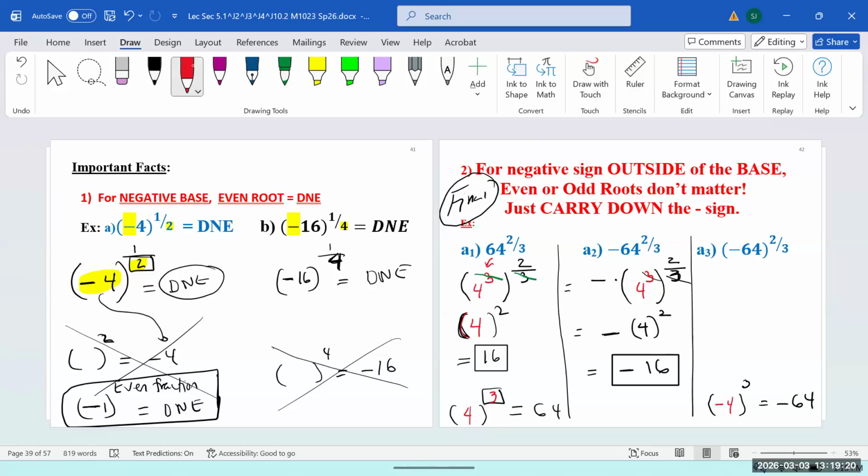Positive 4 multiplied 3 times gives you positive 64. Negative 4 multiplied 3 times gives you negative 64. Negative 4 times negative 4 times negative 4 is negative 64. So we rewrite this negative 64 as negative 4 cubed. And on the outside, we already have our previously given 2/3 power. And then we follow the same direction as the last two. What happens now?